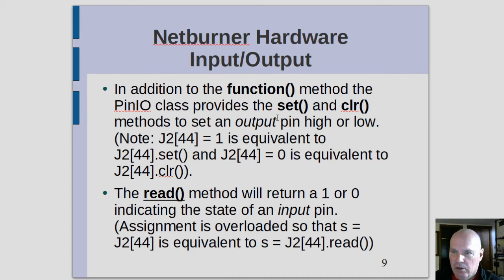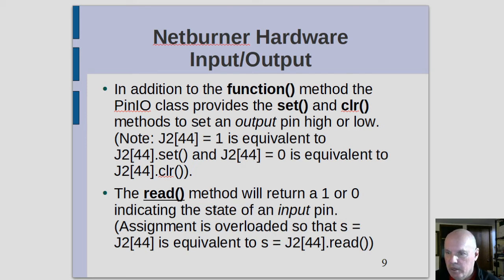Earlier I showed setting a pen high just by setting it equal to 1. Alternatively, you can use the set and clear. Those are methods that are provided in the C++ class to set that pen high or to clear it. Alternatively, we can just set it equal to 1 or 0. We can use the read method if it's an input pin, and this will return a 1 or 0.